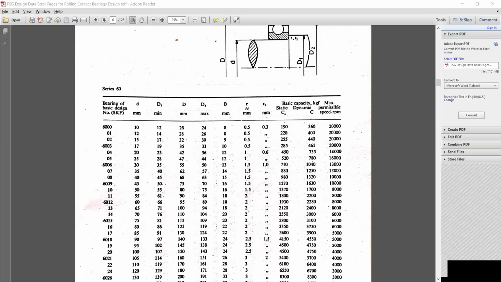In this catalog, they have provided the inner diameter, outer diameter, width, radii, and the most important thing, the static and dynamic capacity, which we need for calculation purposes. In this table, the static and dynamic capacity is provided in kgf.